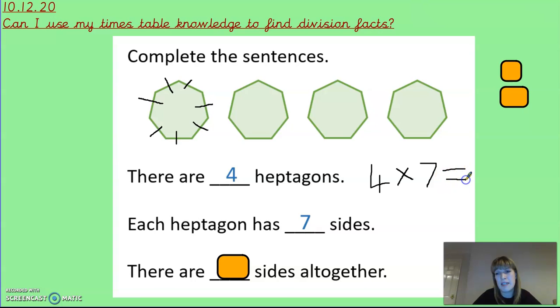equals. Now if you're not quite sure what that equals, remember you can count them. So I might count them just to count along with some of you. So I know there's 7 there. So I'm going to carry on continuing my counting.